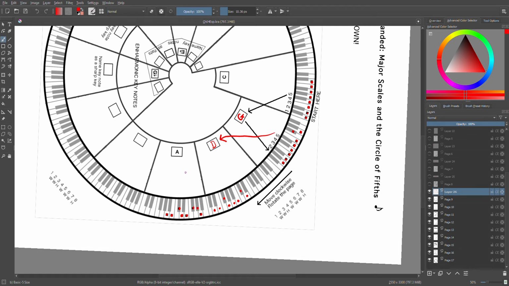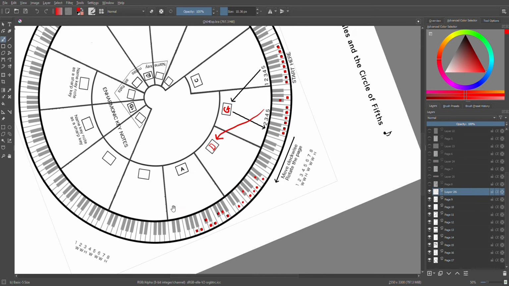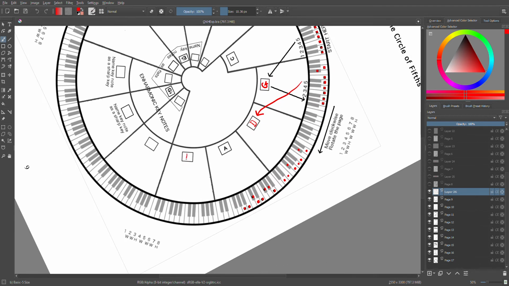Okay, find the 5th scale degree. 1, 2, 3, 4, 5. That is E. Let's take a look at E now. Here's E. Whole, whole, half, whole, whole, whole, half.